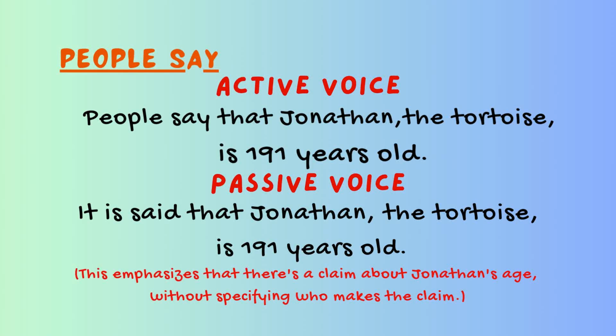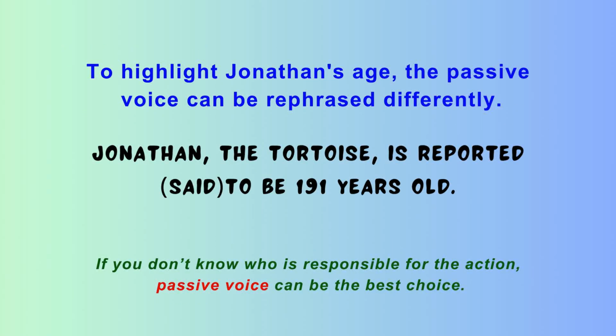The corresponding passive voice is: it is said that Jonathan the tortoise is 191 years old. To highlight Jonathan's age, the passive voice can be rephrased differently. Jonathan the tortoise is reported or said to be 191 years old.